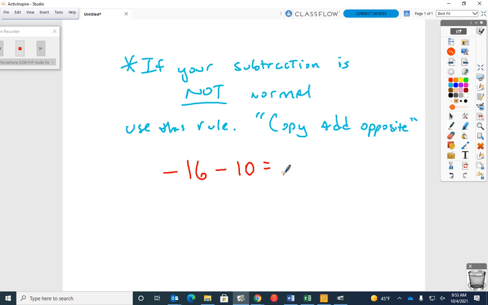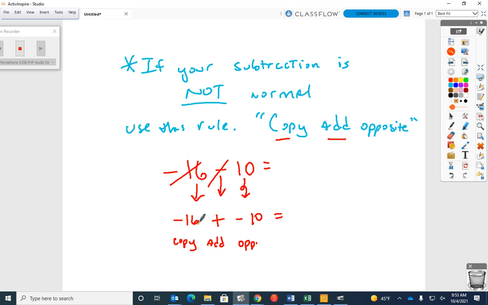This first number, I'm going to copy. Now, when you finish that, cross it out. This becomes what? Add. So this becomes addition. Cross it out. What is the opposite of 10? Negative 10.